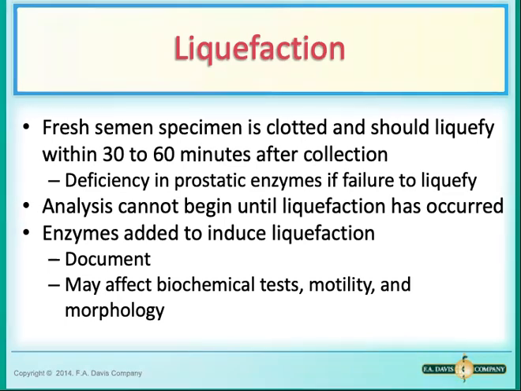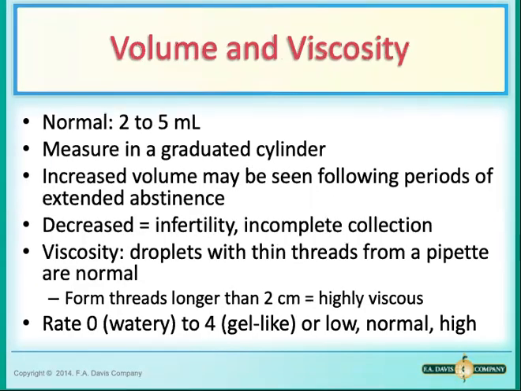Okay, let's move on. Now the volume and the viscosity of the sample. The normal semen sample volume should range between 2 and 5 mLs. You can measure that by pouring your sample into a clean graduated cylinder calibrated in 0.1 mL increments.